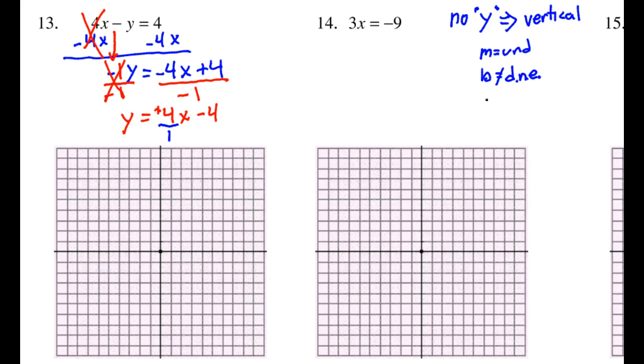And it's a vertical line. So when you go to start solving it, you already know what you're going to end up with. We got x equals negative 9 divided by 3, which is negative 3. And you know where to graph for that: negative 3, vertical line.